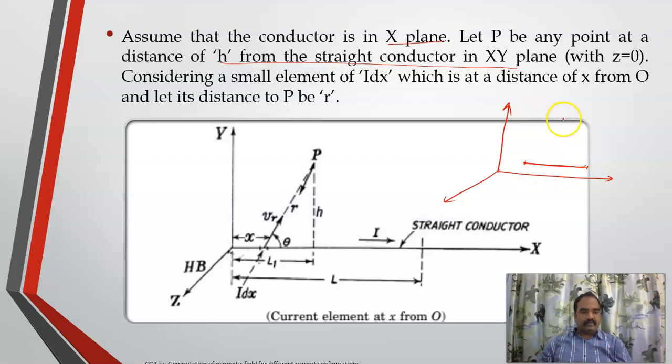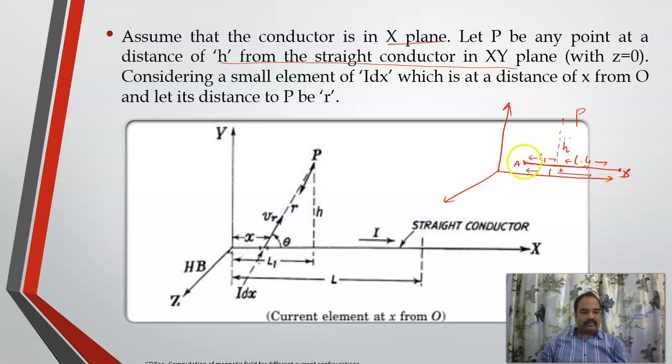I consider a point in the xy plane itself, not considering any z. This point is at a shortest distance h, and the entire length is L. So this is L1, this is L minus L1, this is A, this is B, and I'll take this as O.